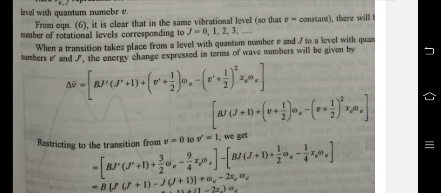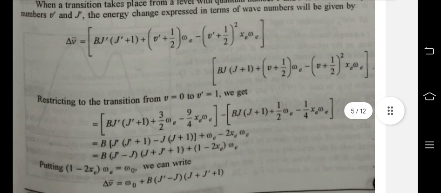When a transition takes place from a level with quantum number v and J to a level with quantum number v' and J', the energy change expressed in terms of wave numbers will be given by Δν̄ = [BJ'(J' + 1) + (v' + 1/2) ωe − (v' + 1/2)² xe ωe] − [BJ(J + 1) + (v + 1/2) ωe − (v + 1/2)² xe ωe].